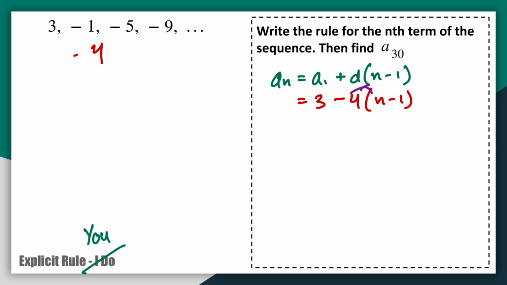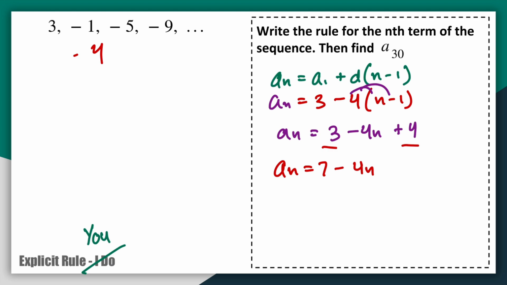Okay, we distribute, and we're going to be left with 3 minus 4n plus 4. Okay, we combine our like terms, and we're going to get a of n is equal to 7 minus 4n. Now, generally, yeah, we put our variable in front, but it's really okay to do either of these. Okay, now that's our formula.